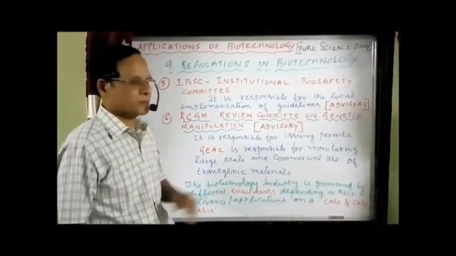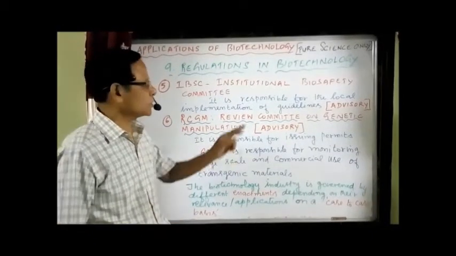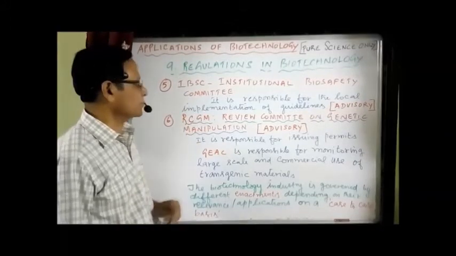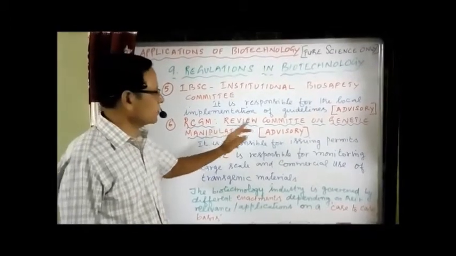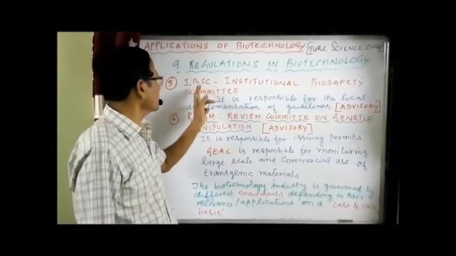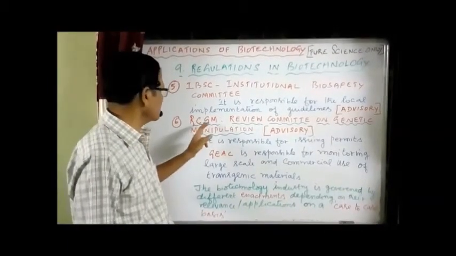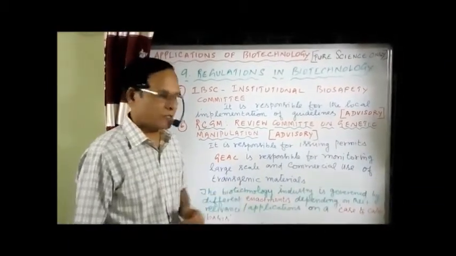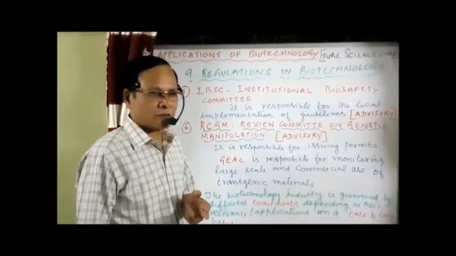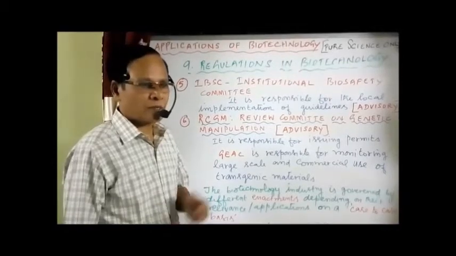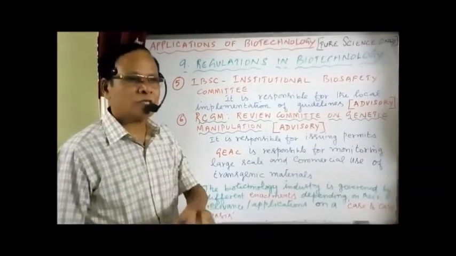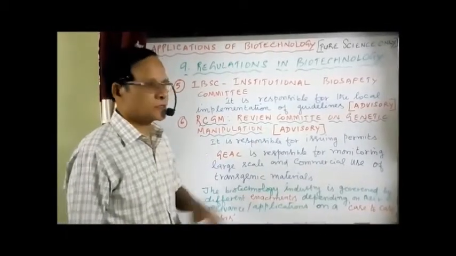I mentioned already it is an advisory committee. The next one, RCGM, is also another advisory committee. We have GAC. IBSC and RCGM are advisory committees, and we have DLC, the district level committee, and the State Biotechnology Coordination Committee. These are the monitoring committees working under GAC.